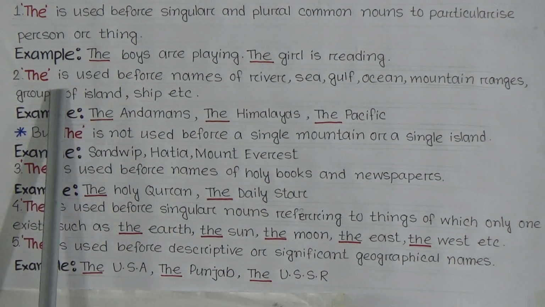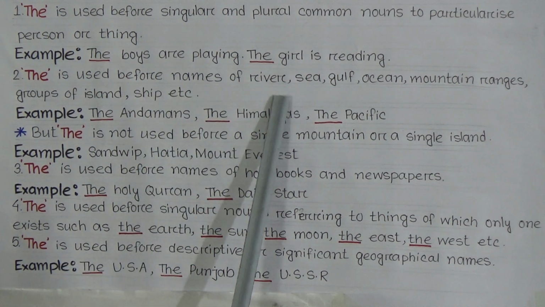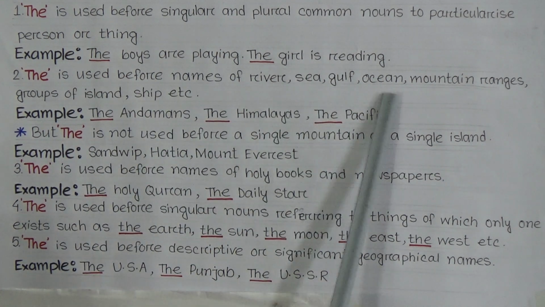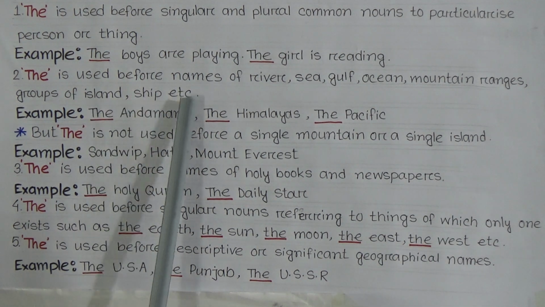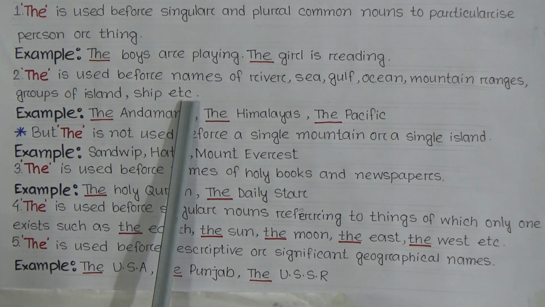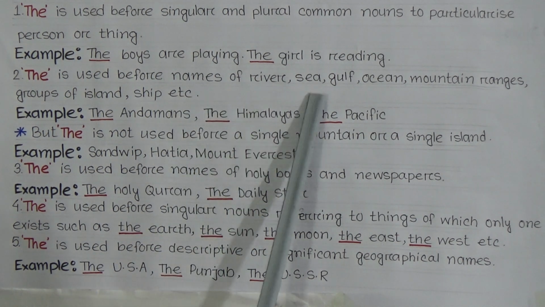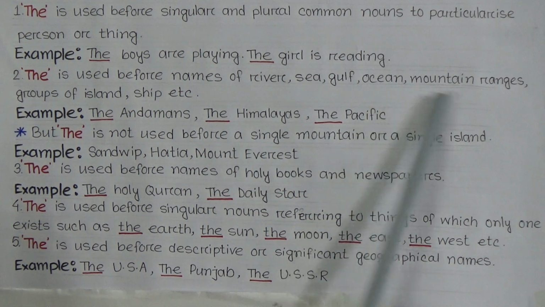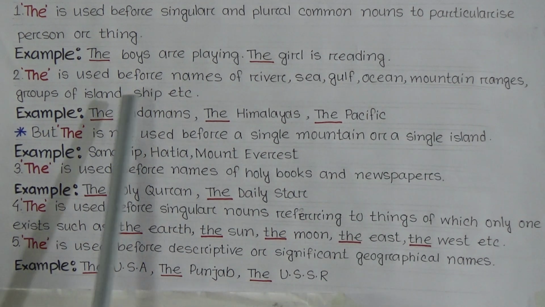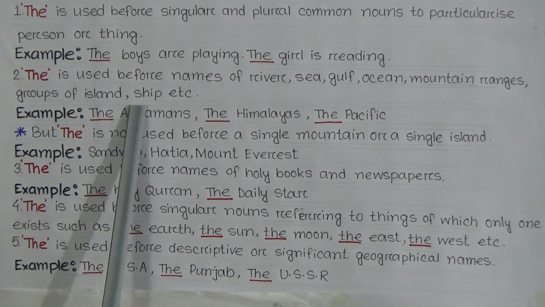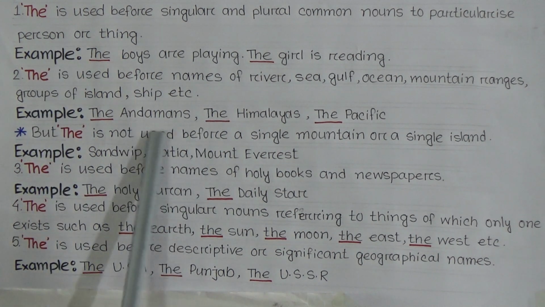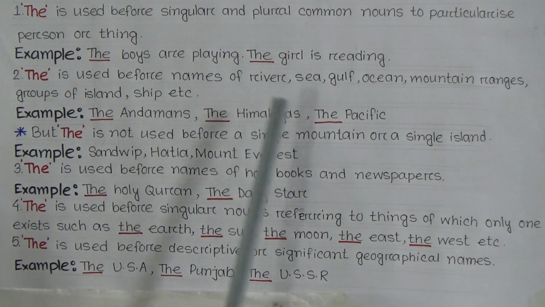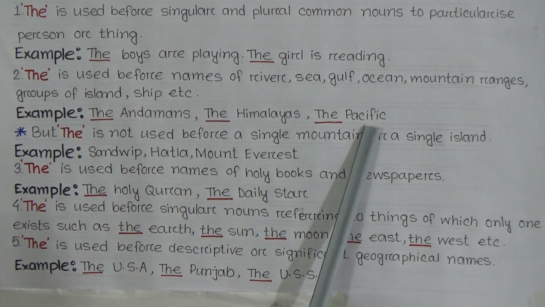Rule number 2, the is used before names of rivers, seas, gulfs, oceans, mountain ranges, groups of islands, ships, etc. Students, you have to keep in mind that for the names of rivers, seas, gulfs, oceans, mountain ranges and groups of islands or ships, you have to use the article the, such as Andamans, Himalayas, Pacific.